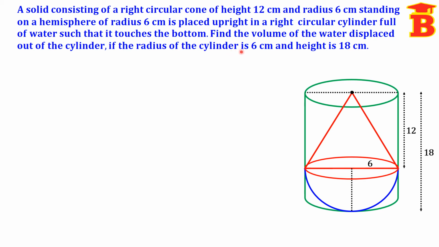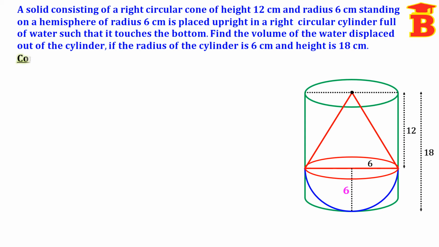Given the cylinder is 6 centimeter radius and the total height is 18 centimeter. So the height of the cylinder is 18 centimeter, and here we can note that since the radius is 6, this hemisphere radius is also 6. So that means this height 12 plus 6 gives the total height 18.